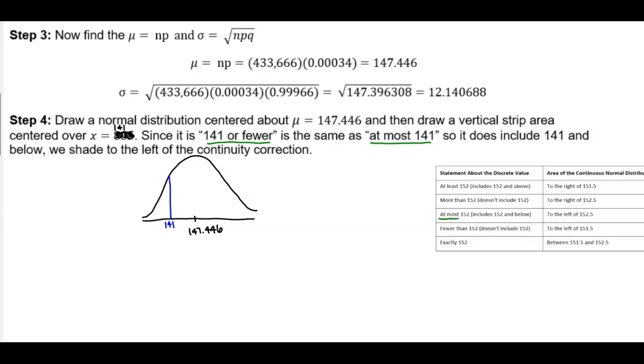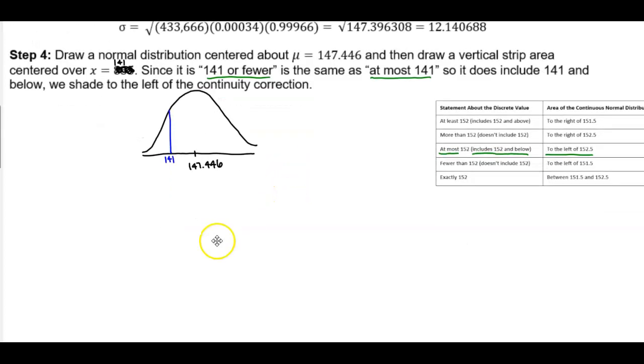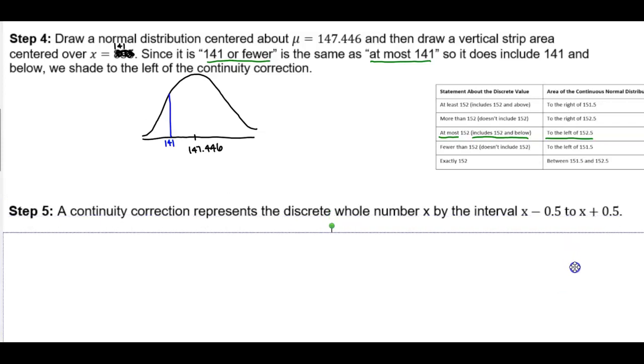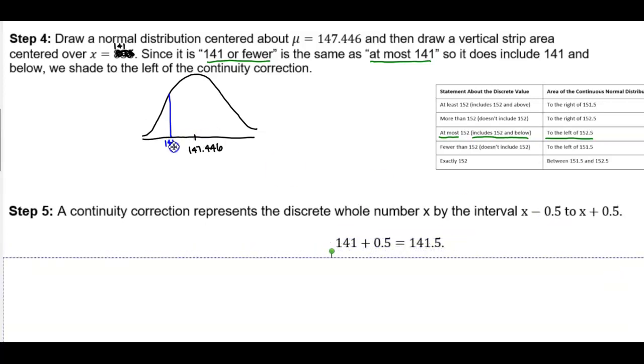At most means that we include that value and below, and it's to the left of the continuity correction. The continuity correction represents a discrete whole number x by the interval of x minus 0.5 to x plus 0.5. Since we want to include 141 and below, we take 141 plus 0.5, which gives us 141.5. So we draw here where we want the location of 141.5.